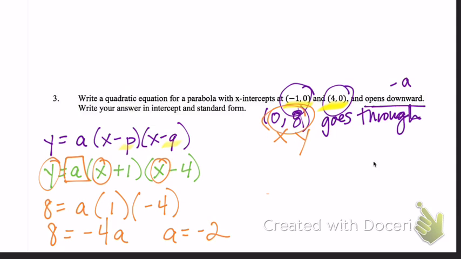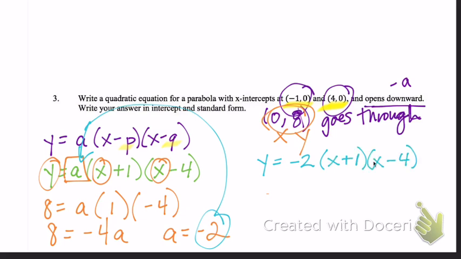Once I have my a value, I'm going to now plug that in to write it in intercept form. And intercept form would look like y equals -2, x plus 1, x minus 4. So that is intercept form.